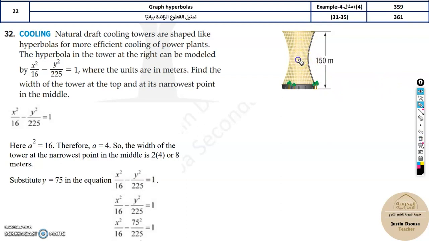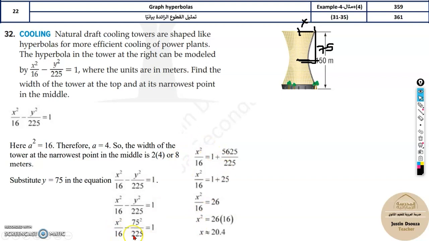This height is 75, but I don't know this x value. So substitute the y value, 75 squared, in the formula, and solve for x.